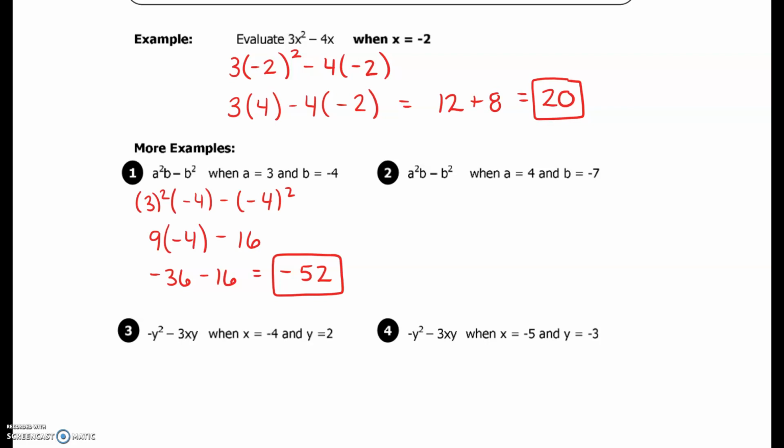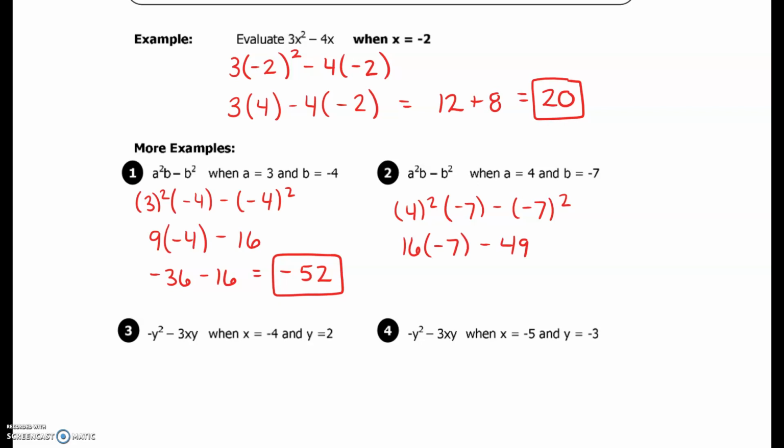Now you see in number 2, it's the same exact expression, but we are told a equals 4 and b equals negative 7. I'll give you all a second or two, and maybe you want to give this one a try on your own. Once you have started the problem, you hopefully begin with the exponents, 16 for 4 squared and 49 for negative 7 squared.